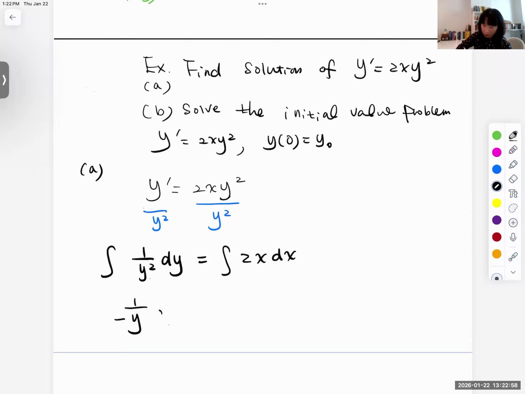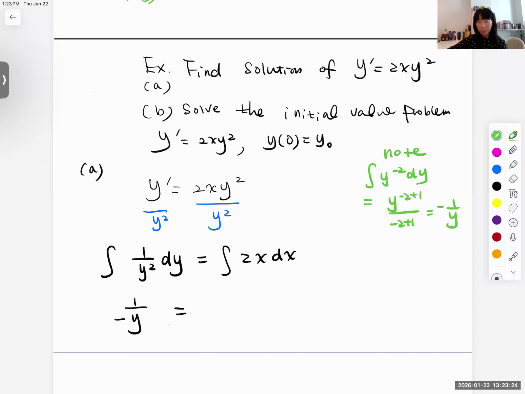Then the right side: y to the negative 2 dy equals y to the negative 2 plus 1, which is negative 1 over y, plus c.